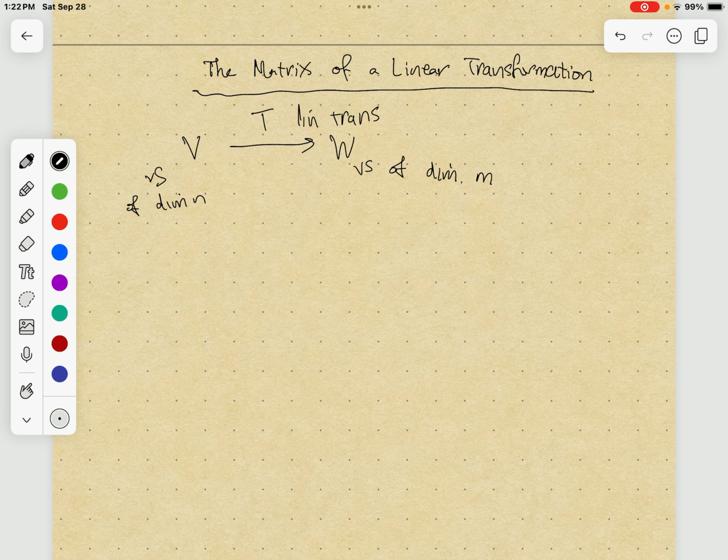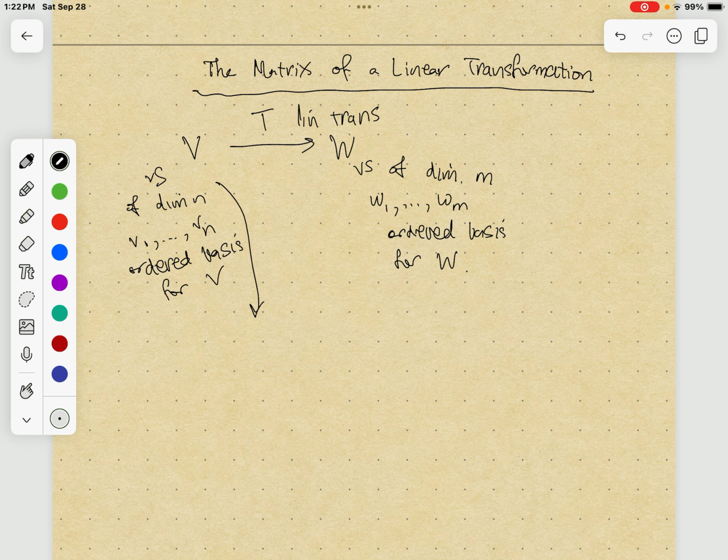Well, in a previous video, we've seen that once you choose a basis for V, so let's say that you have an ordered basis V1 through Vn, and an ordered basis for W, so W1 through Wm, then such a choice of a basis defines a map.